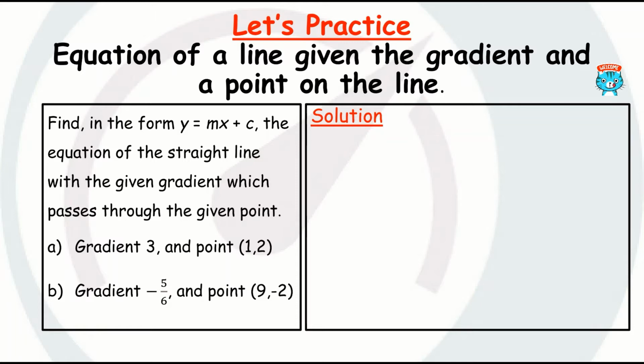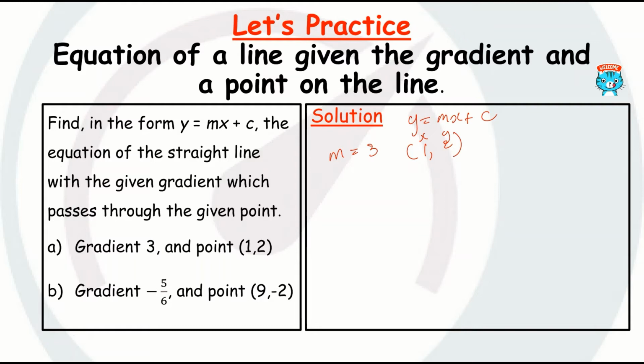Now, we know that ultimately we want our answer to be in the form y equal mx plus c. We're given the gradient, so we know our m is equal to 3, and we're given a point on the line, and our point is (1, 2). This point will provide us with our x and y values.